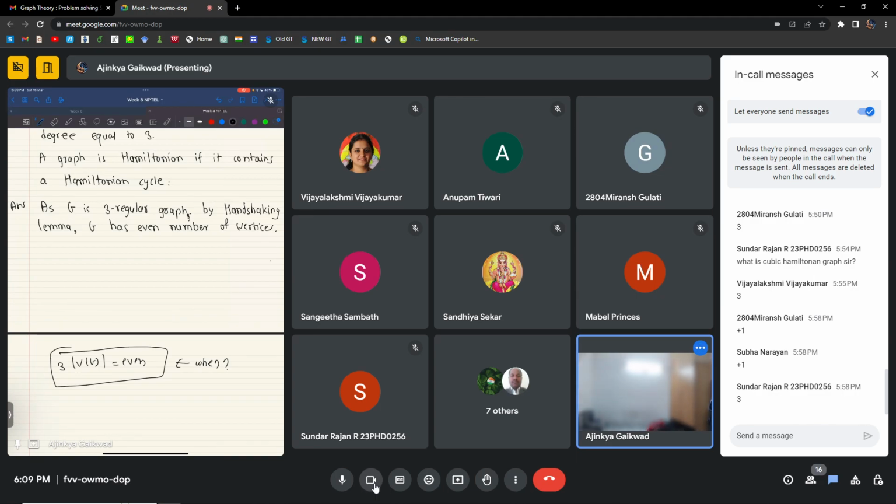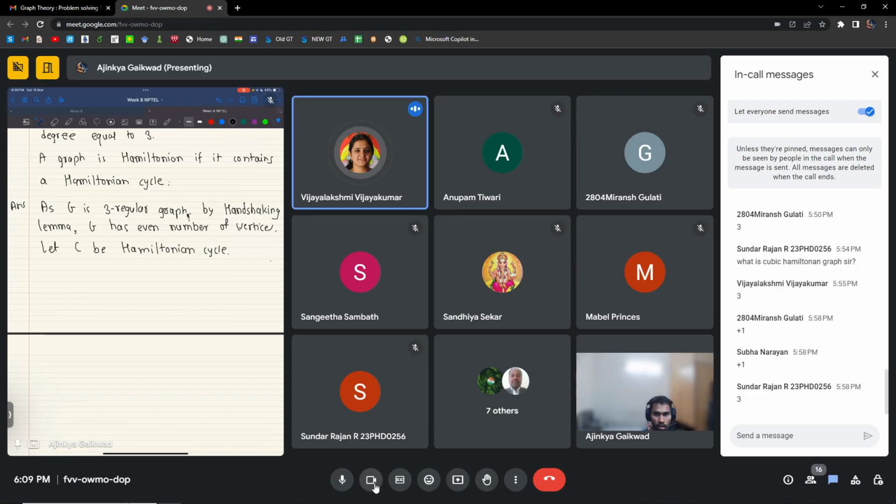Now the second observation is that there is a Hamiltonian cycle. Let's call it C. Let C be a Hamiltonian cycle. Let's first try to color the edges which are on this Hamiltonian cycle. How many colors do we need to color this Hamiltonian cycle? Two colors, since the number of vertices is even.